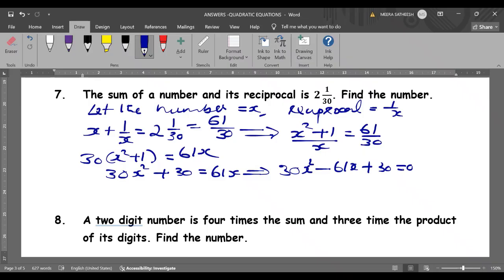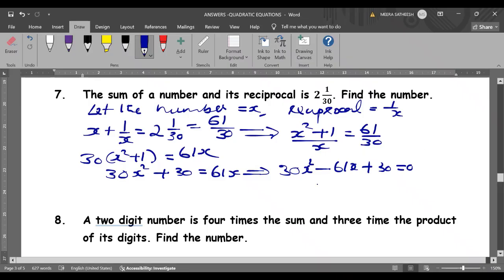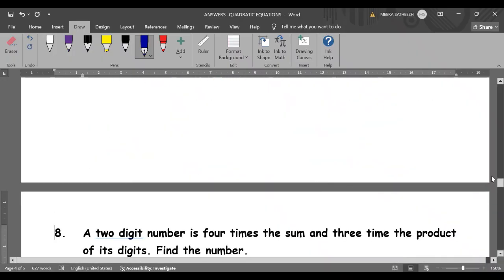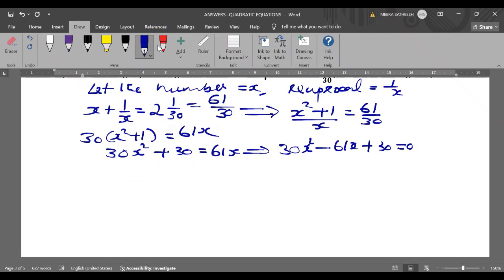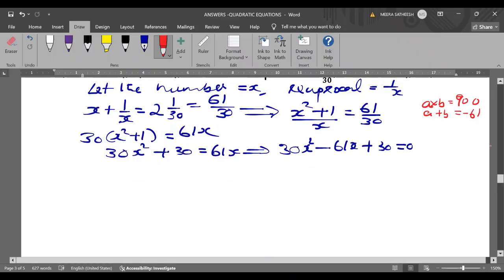Now here we have to find two integers whose sum is what? The product will be coefficient of x square into constant, means 30 into 30, 900, and the sum should be minus 61. So a into b should be positive 900, and the sum minus 61. That means both the numbers are negative because the product is positive.